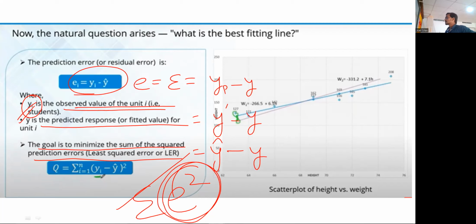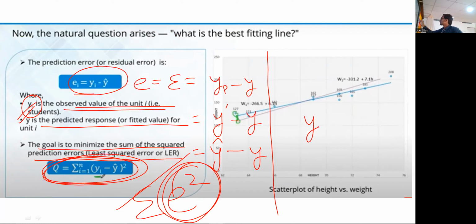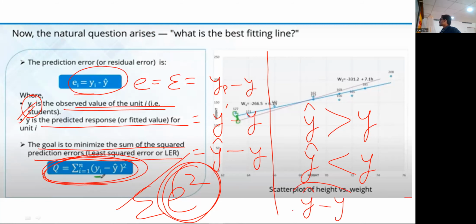That means whatever error is occurring, take its square and try to minimize this value on taking summation. Now, what does this mean is, as you can see in this particular formula, we know that the predicted value of y cap, so predicted value of y, may be either greater than the actual value of y, or it may be lesser than the actual value of y. So if we do y cap minus y, sometimes this value may be negative, sometimes it may be positive.